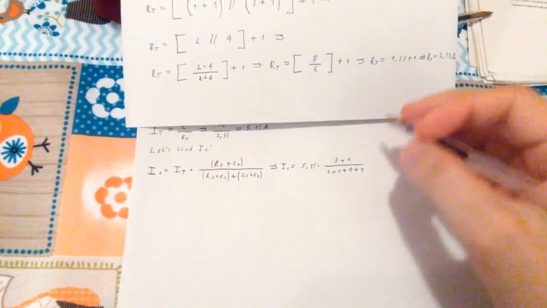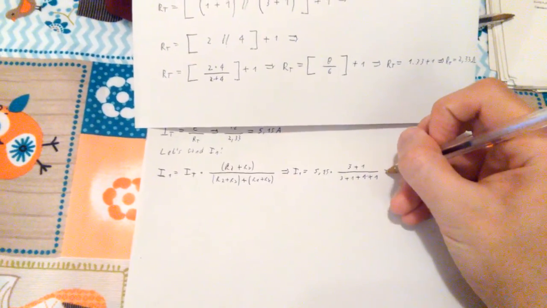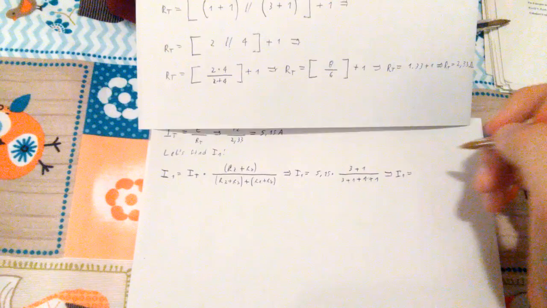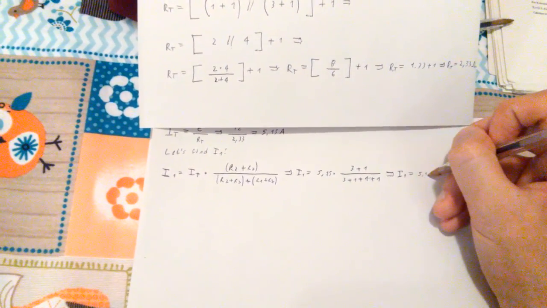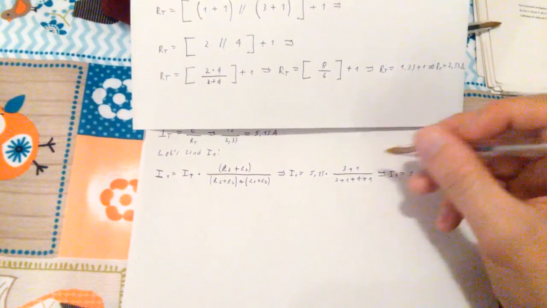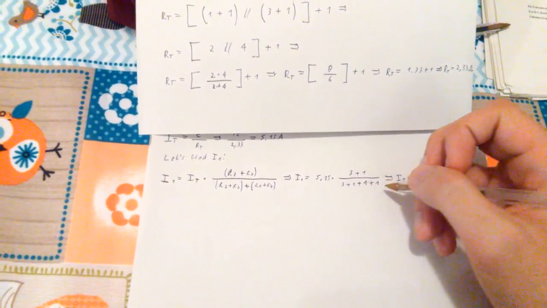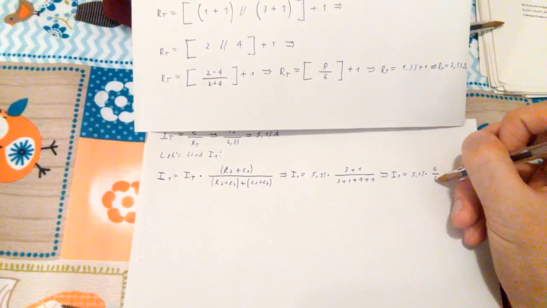So we have this very different, very difficult calc to make. I'm just joking, of course. So we have 5.15 times, well, 3 plus 1 is 4, over 3 plus 1 plus 1 plus 1, which is actually 6.